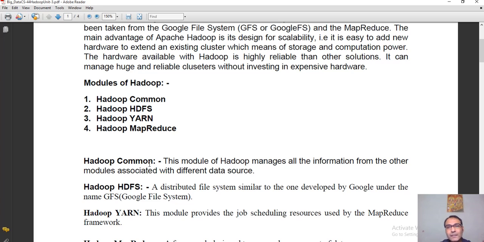It is managed by the Hadoop manager and associated with different data sources. HDFS, this part of Hadoop is the distributed file system architecture, which manages the big data through a distributed file system.